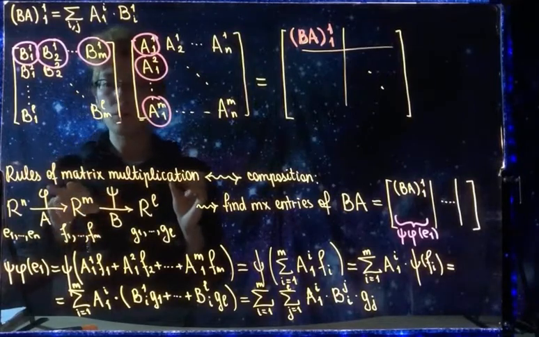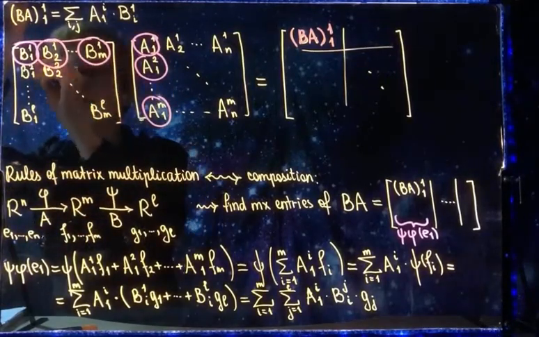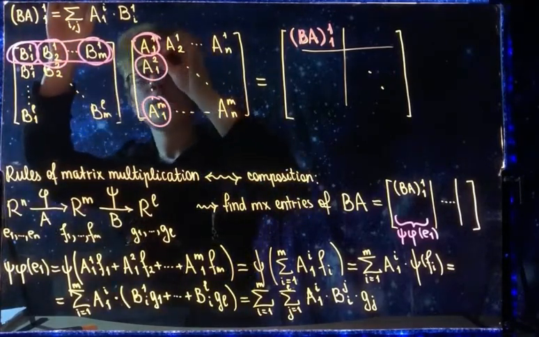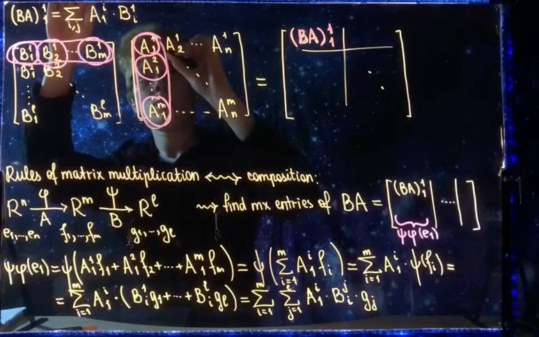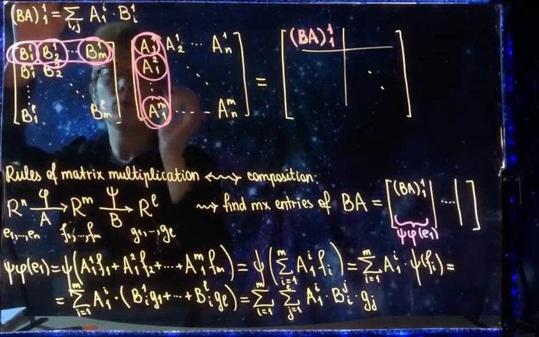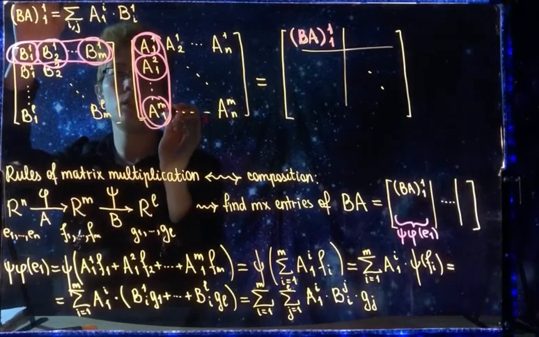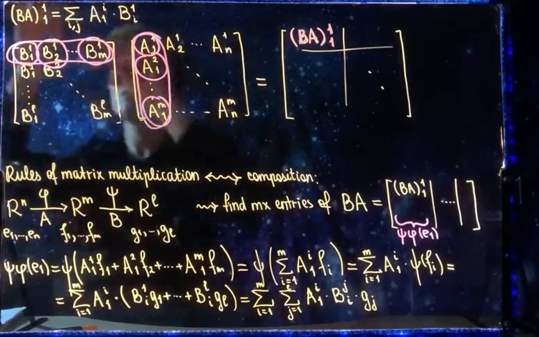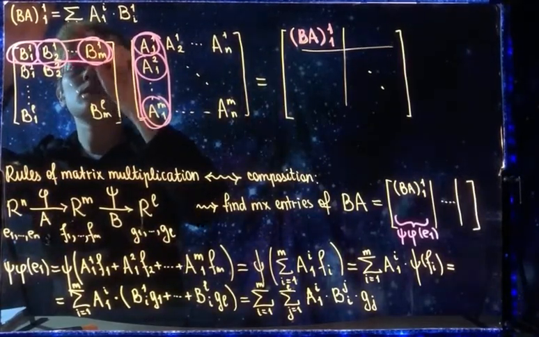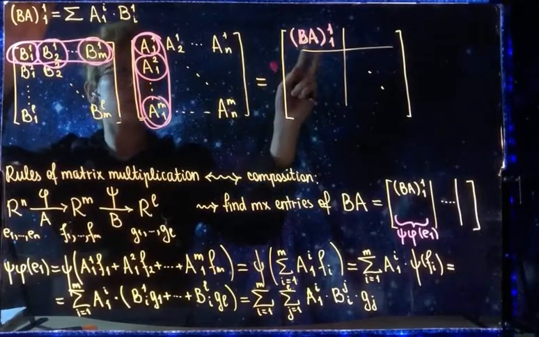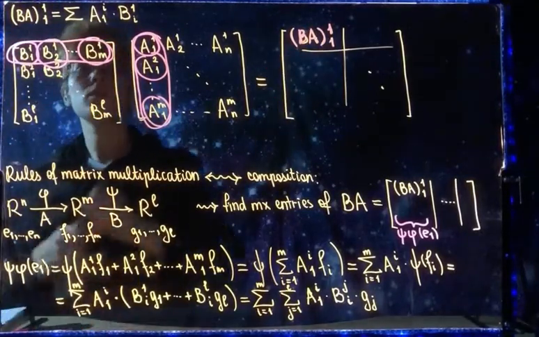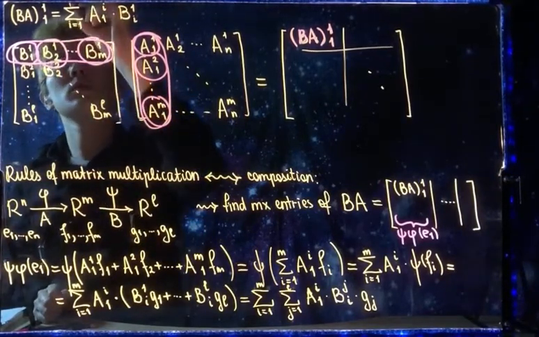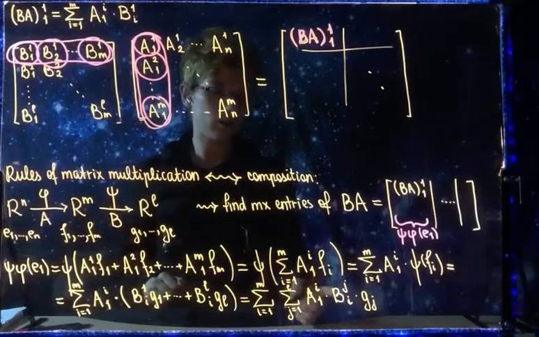So we recover the usual rule of matrix multiplication. We take a row and multiply it element-wise by the column. And note that here we have the same number of entries in both the row and the column. And so we multiply them element-wise and then sum it over to get the scalar, which is the entry in the product matrix. Here it should be i from 1 to m, because we eliminated j already.